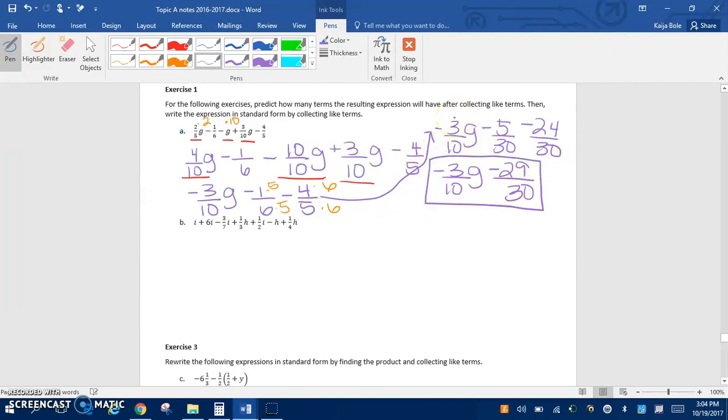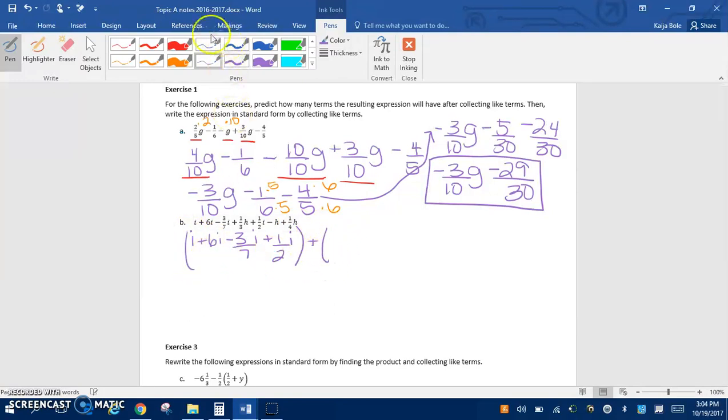Okay. So this next one, the last one we're going to do today, we have I's and H's. So the first thing I'm going to do is separate my terms a little bit and combine them. So I'm going to put all the I's together first. So we have I plus 6I minus 3/7 I, and then one more plus 1/2 I. Alright, so this is our first grouping.